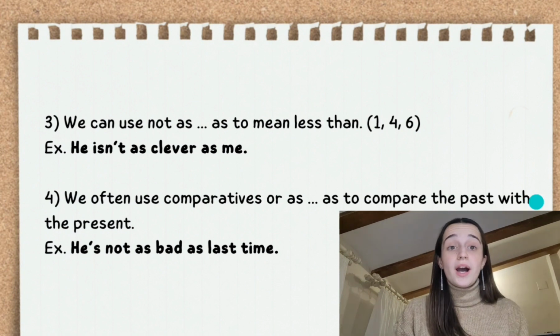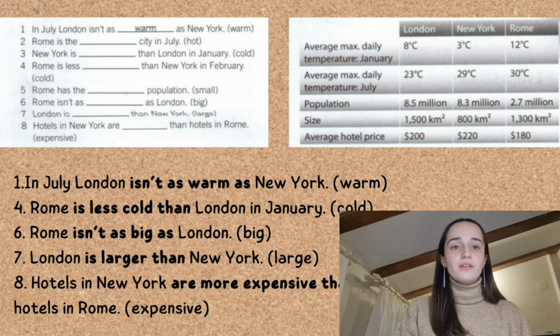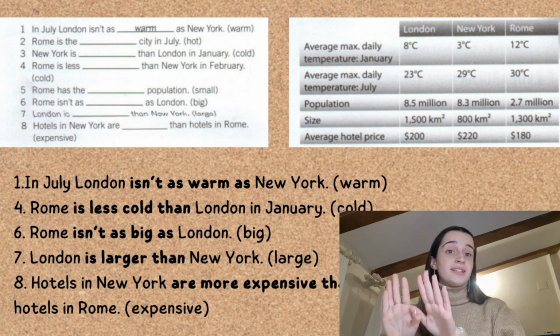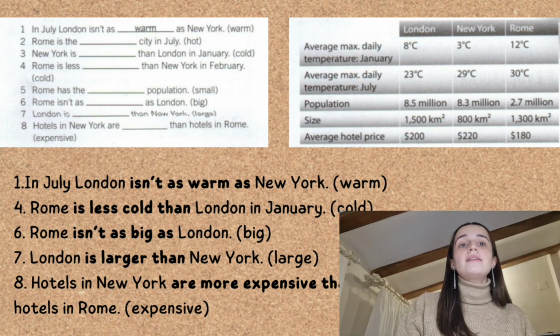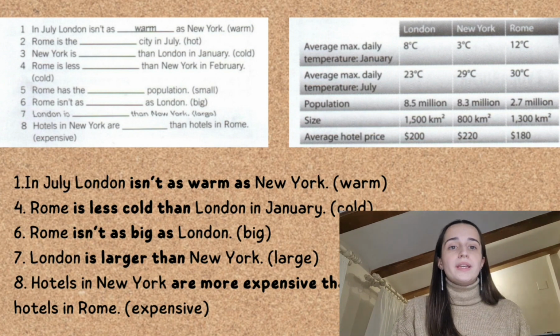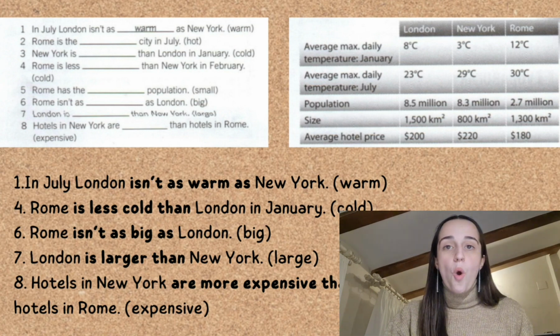Okay, so now I can check exercise 1A, page 14. We have the sentences and, on the other hand, the table with information. I can explain the sentences which have comparatives, because superlatives I can explain later. Sentence 1.